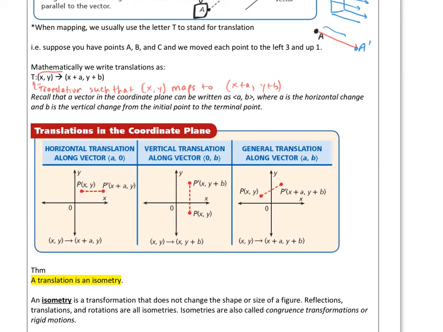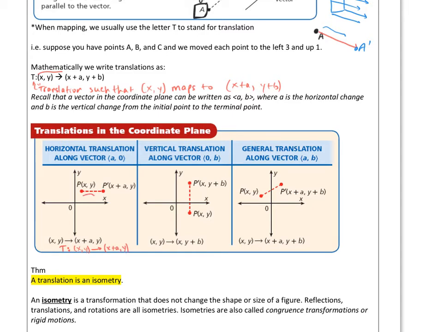So let's shift this up and you can see. Recall that a vector in a coordinate plane can be written as <a, b>, where a is a horizontal change and b is a vertical change from the initial point to the terminal point. Where we start the vector, it's called the initial point. Where we end the vector, it's called the terminal point. So here is a translation, and they didn't quite write it here in these examples the way I want you to. This is a translation such that (x, y) maps to (x plus a, y).